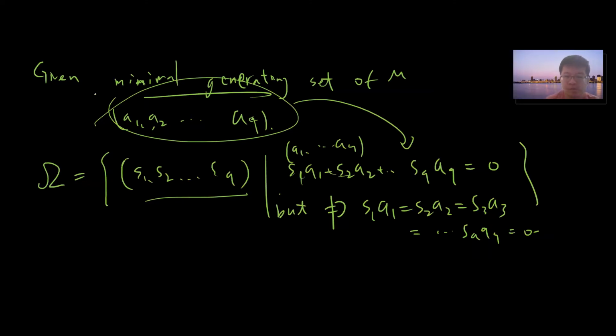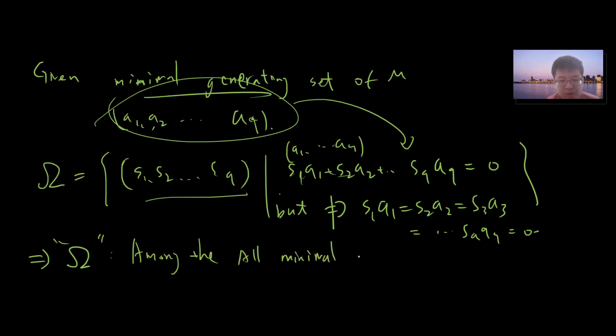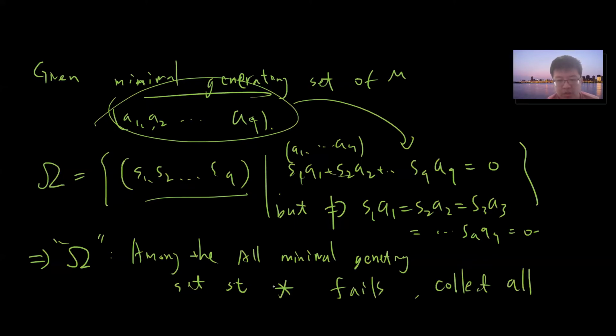Okay, so this is the most difficult part. What I'm saying is that omega is, among all the minimum generating sets, the coefficients such that this property fails, and I collect all the coefficients, and I pick the smallest one.